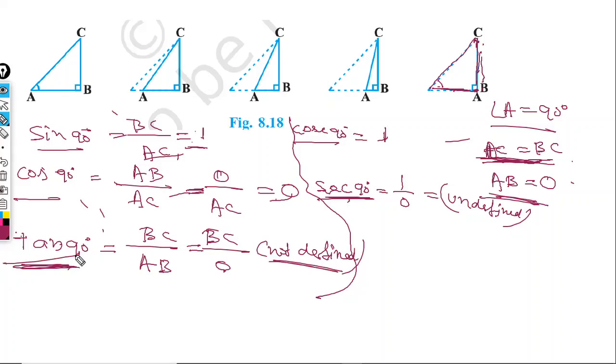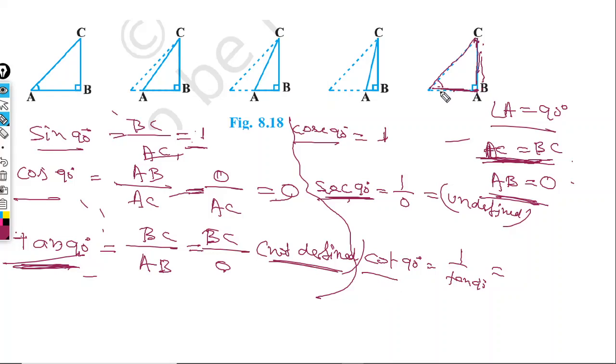Then we will move to cot 90. Tan 90 has a direct relation with cot 90. So cot 90 degree is equal to 1 by tan 90, which was not defined, right? In this case we can start with cot 90 directly.